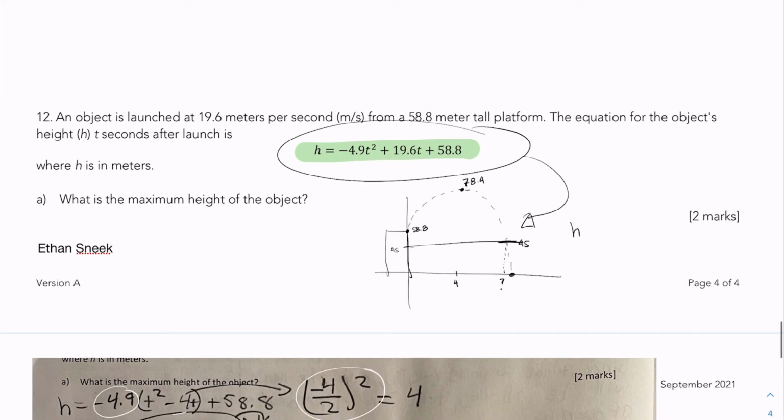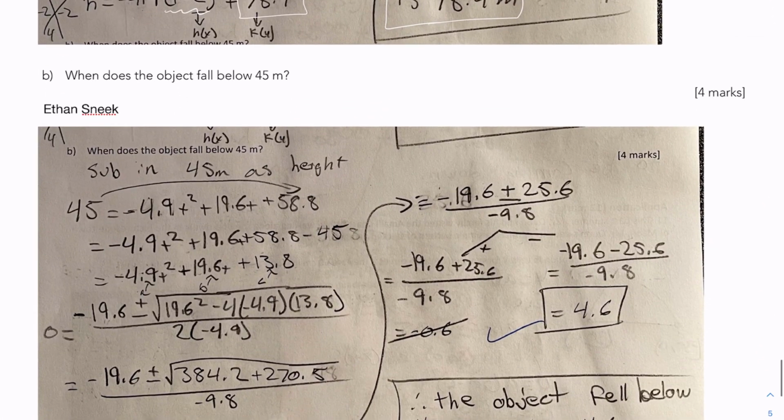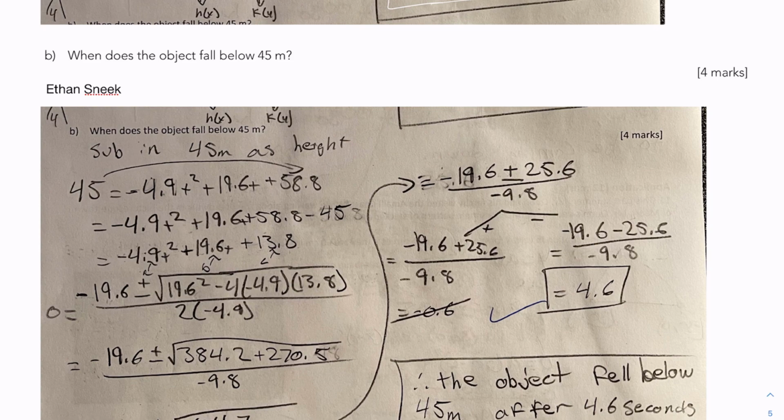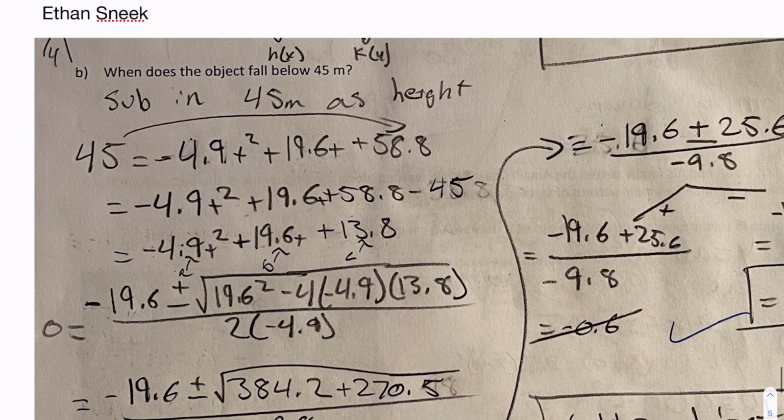What Ethan did, let's go back to his work here, was pretty straightforward in the sense that he plugged in the value of 45 for the height. Because at that time, whenever it is, we will know it's 45 meters above the ground, and that pretty much answers the question. When does it fall below 45? Exactly when t is a certain number and it equals 45. So how do you find that number?